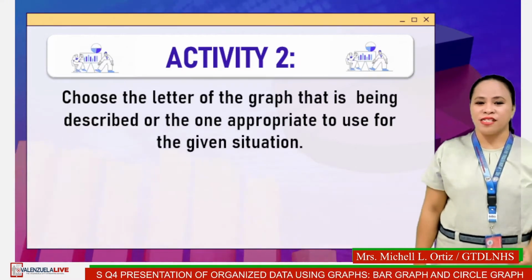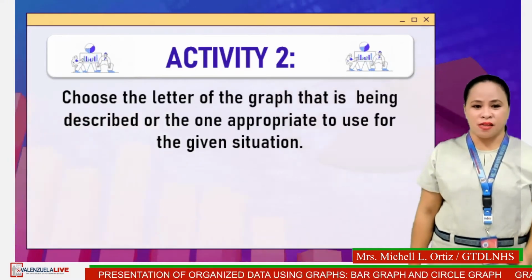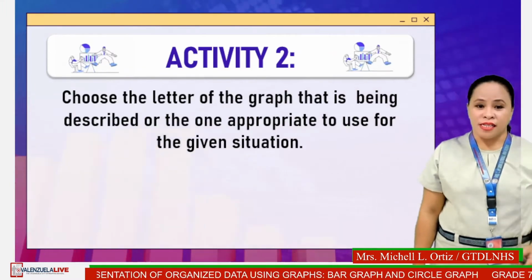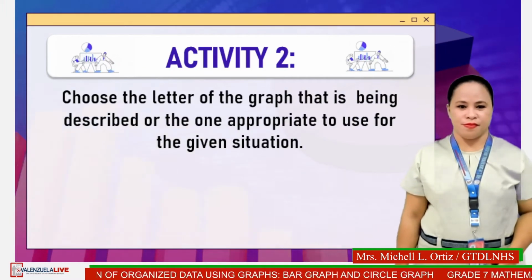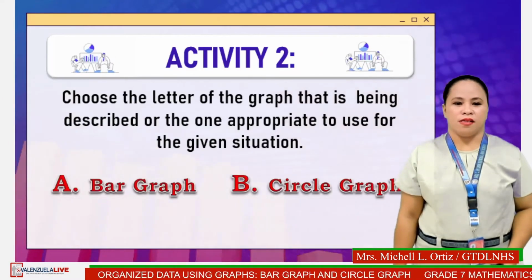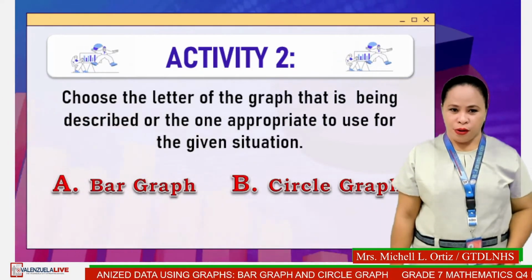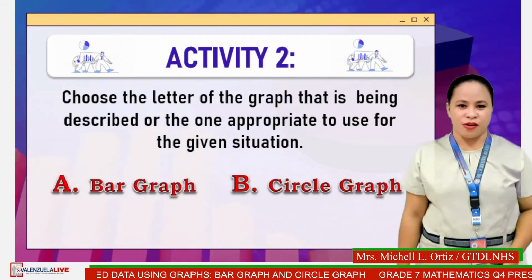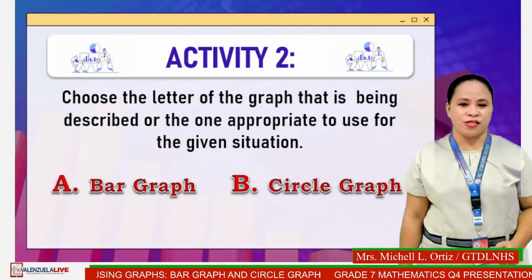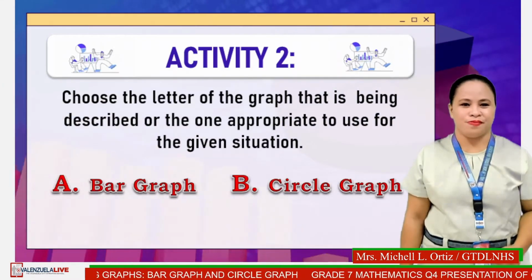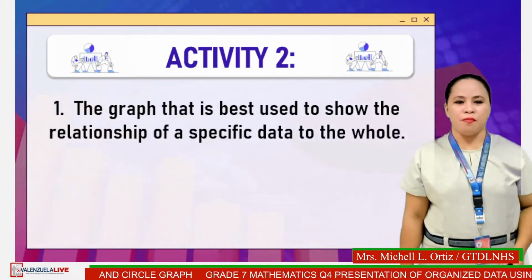Choose the letter of the graph that is being described, or that is appropriate to use for the given situation. Write A for bar graph and B for circle graph. You have 5 seconds to key in your answer in the comment box below. Number 1.